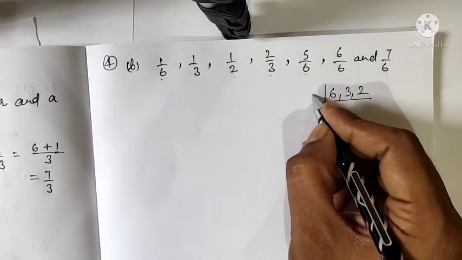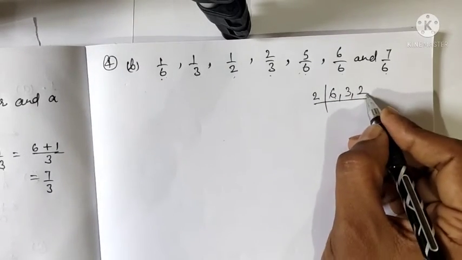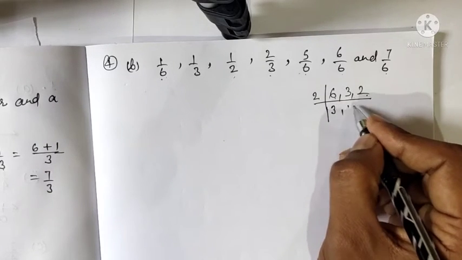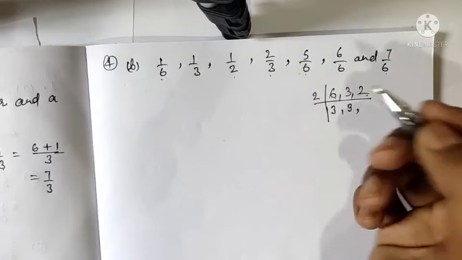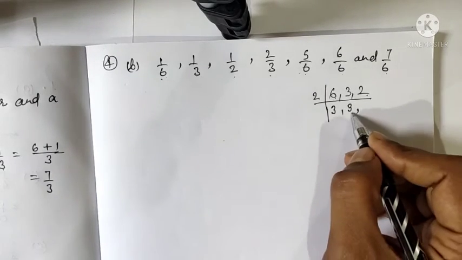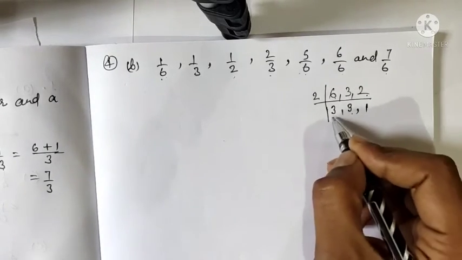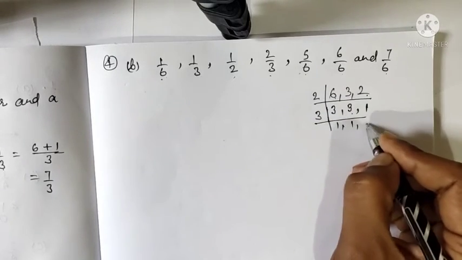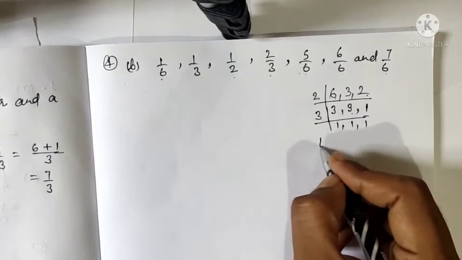Since 6 and 2 are divisible by 2, we will divide by 2, then it will be 3, 3, 1. 2 threes are 6, and 3 is not divisible, so we will carry it, and 2 ones are 2. Now 3 and 3 both are divisible by 3, so it will be 1, 1, and 1.